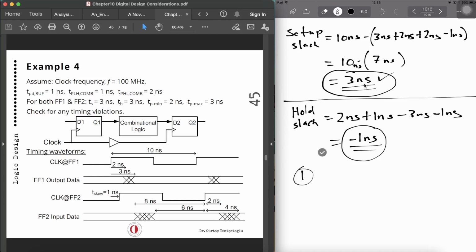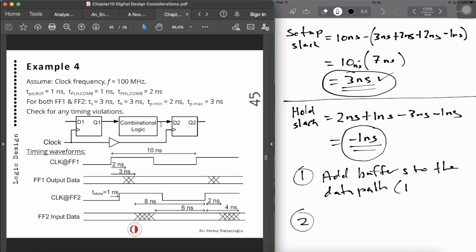So the one solution is to add buffers to the data path. You can add buffers after the combinational logic, 1 to 3 buffers actually, 1 nanosecond each. Another alternative is to get rid of this clock skew.